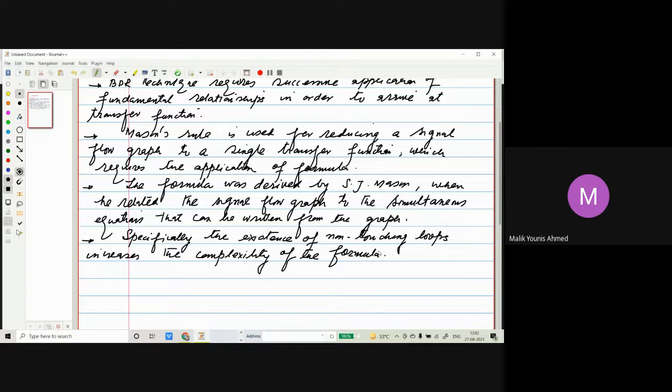The calculations will be very cumbersome, and once the calculations are cumbersome, it will be difficult for us to arrive at the transfer function. However, many systems in nature, many systems do not have non-touching loops.